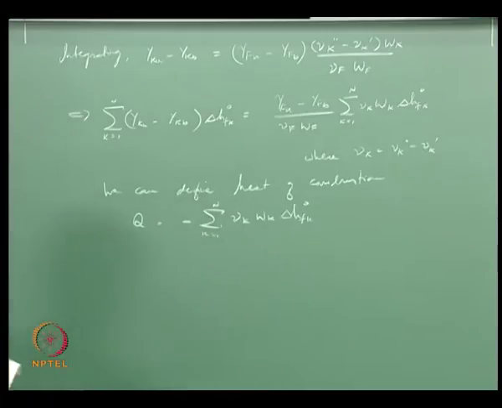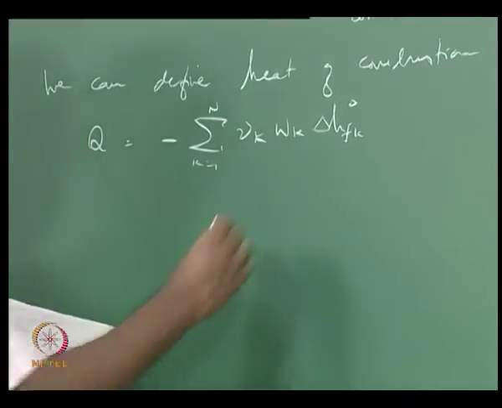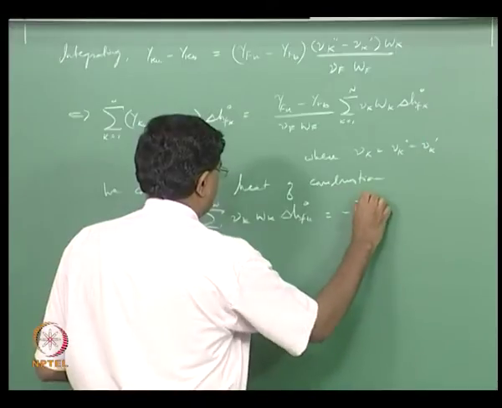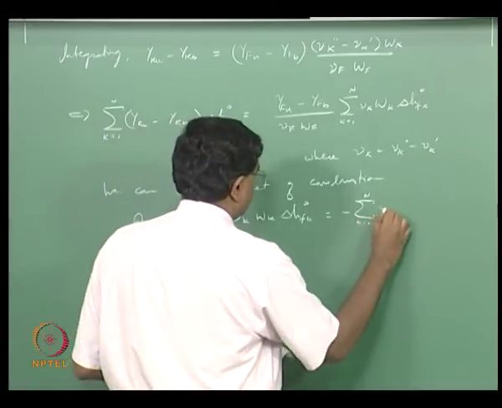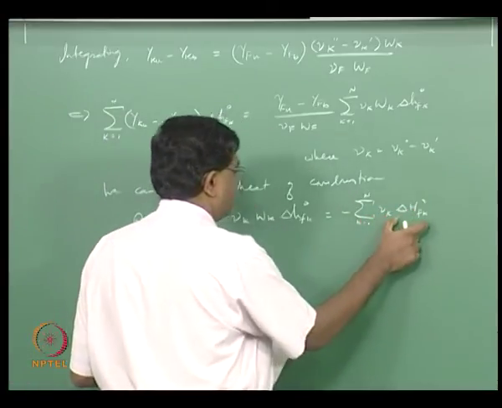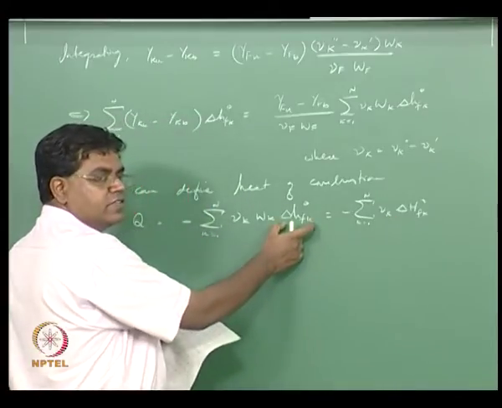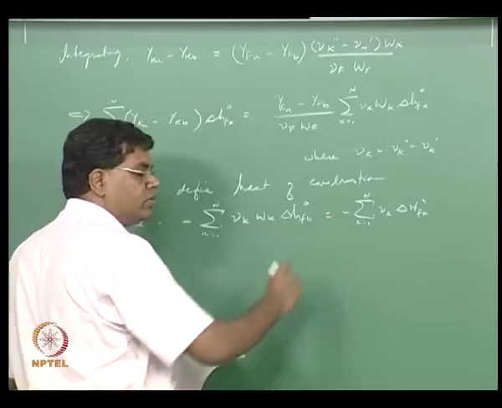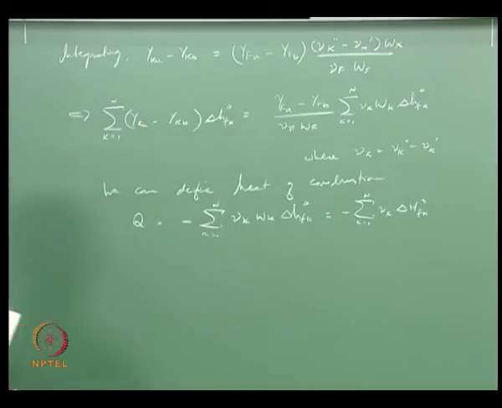Or the other way you can do is you can also say negative sigma k equals 1 to n nu k delta capital Hk naught, where this is on a molar basis, and the other is on a mass basis, so mass basis multiplied by the molecular weight is what you're looking at there.